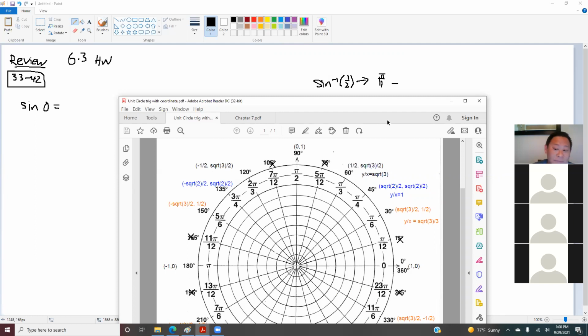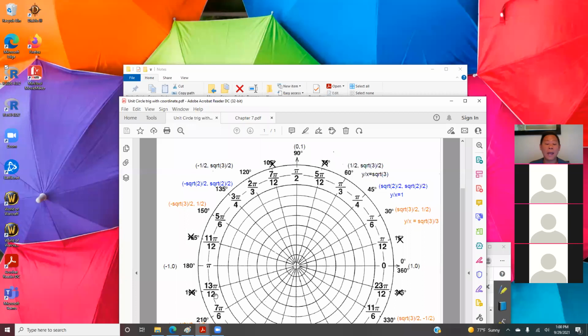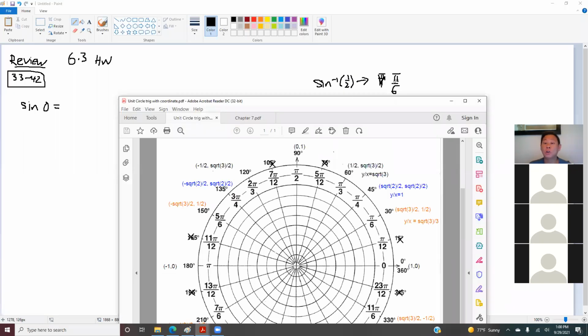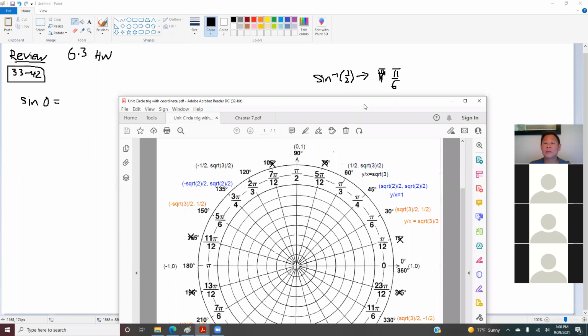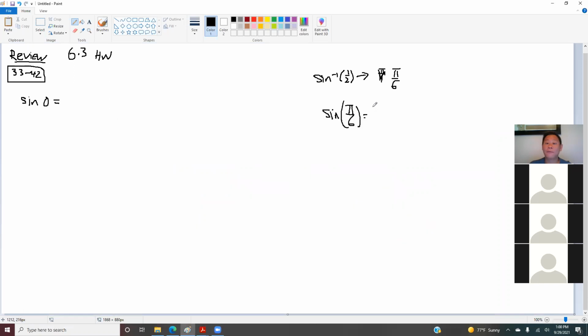Pi over 6, right? So my question to you is, what is sine of pi over 6? If I ask you that, you don't look at the coordinates, you look at pi over 6. And sine in this case is 1/2.